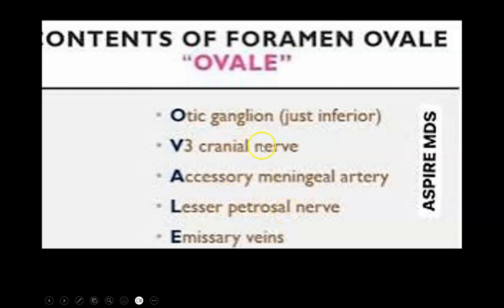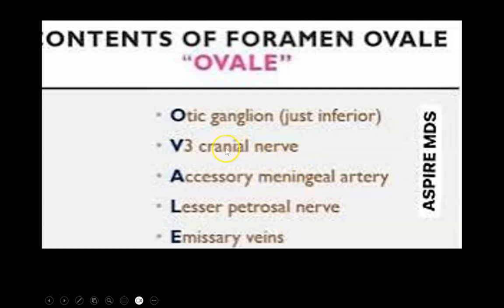And V3, of course, passes through the foramen ovale, and emissary veins. So you can say structures passing through the foramen ovale. But actually the otic ganglion is not through the foramen, just as the greater superficial petrosal does not pass through the foramen.